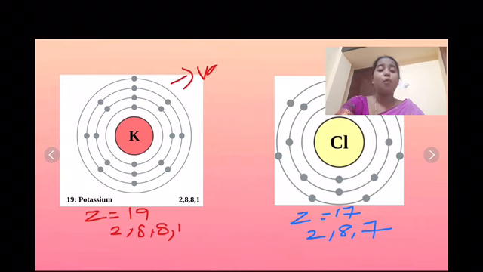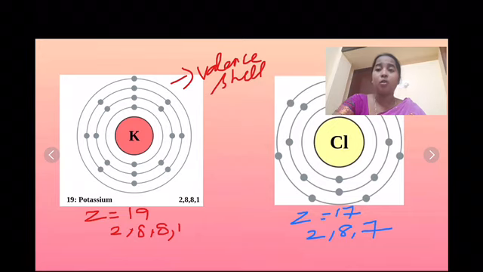If an atom wants to be stable, it has to follow the octet rule. The electronic configuration for potassium is 2, 8, 8, 1. In the outermost shell, we have only one electron.